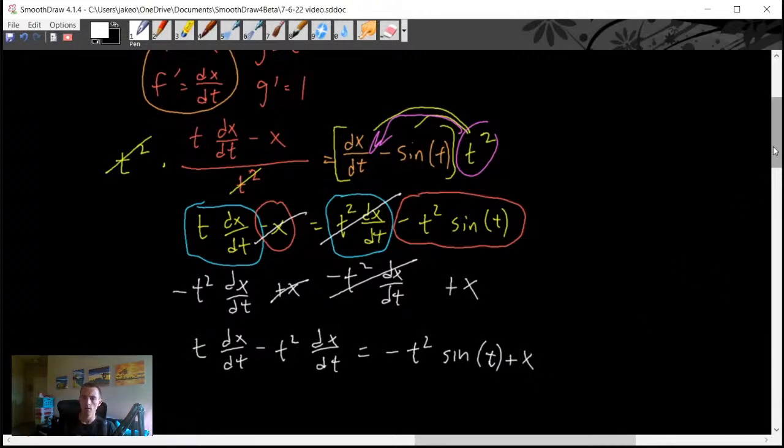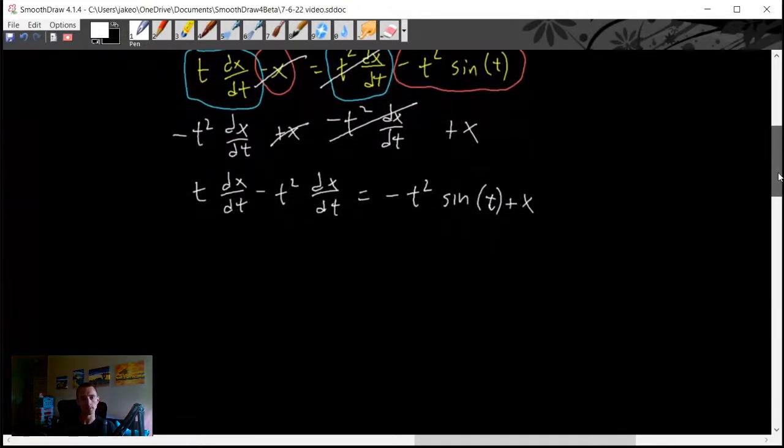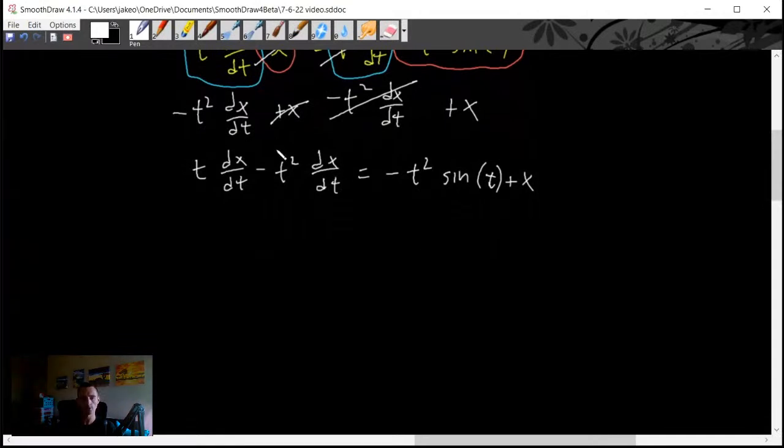Okay. So once we have gotten all of our dx dt terms to one side of the equation, you can see every term on the left side now contains a dx dt, and every term on the right does not. Since every term on the left side has a dx dt in common, we can factor that out.